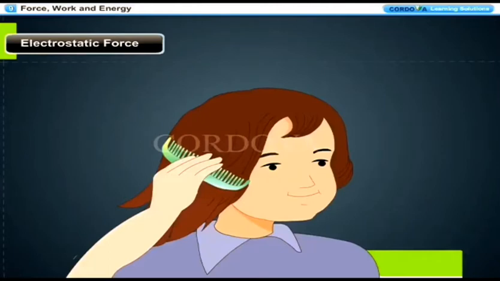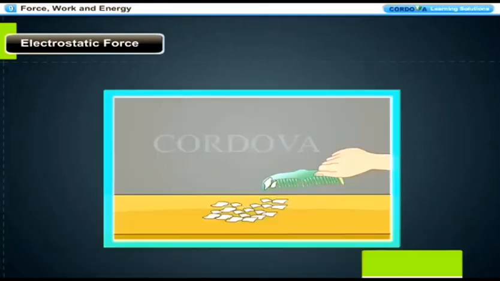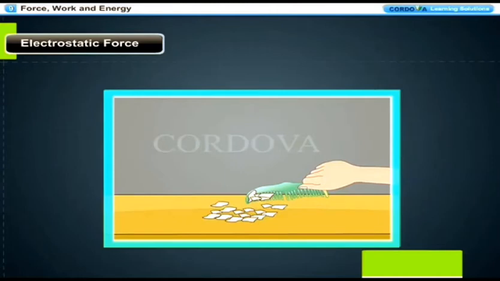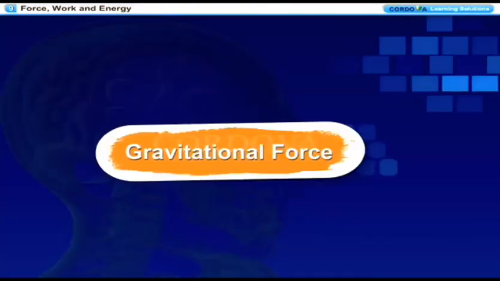Things can be charged by rubbing them. For example, when we comb our dry hair, the comb gets charged and attracts tiny bits of paper. Thus, when things are rubbed with each other, they become charged and a force of attraction is produced. This force is called electrostatic force.